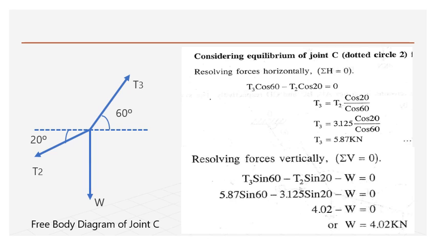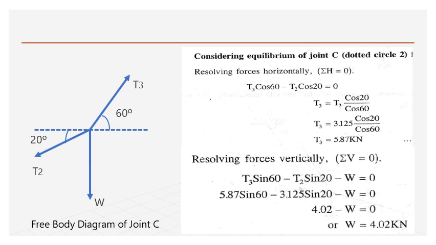Now again apply the condition, sigma V is equal to 0. T3 sin 60 acts upwards, so plus. T2 sin 20 acts downwards, so minus. W is acting downward, hence minus. That all is equal to 0. Summation of all the vertical forces is equal to 0.